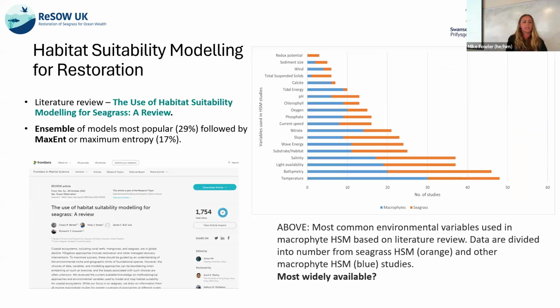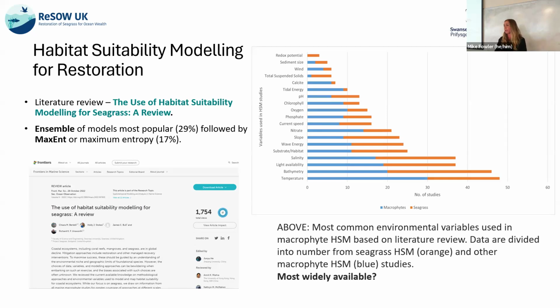So when I started doing habitat suitability modelling, we wanted to look at what the best methods were to use. And as I mentioned, there's loads and loads of different methods that could be used for this modelling. And so we did a review of different modelling methods for marine macrophytes.